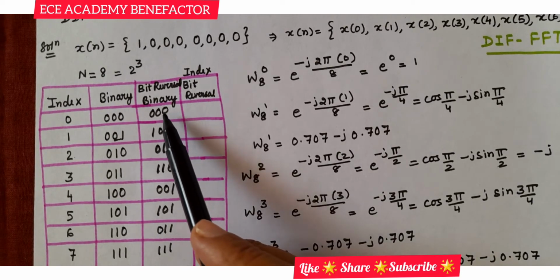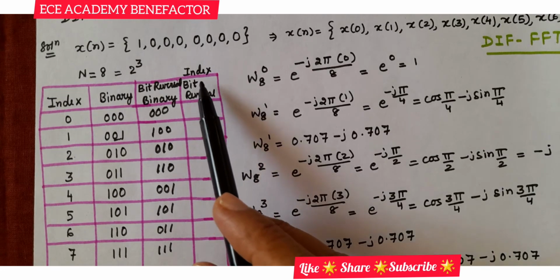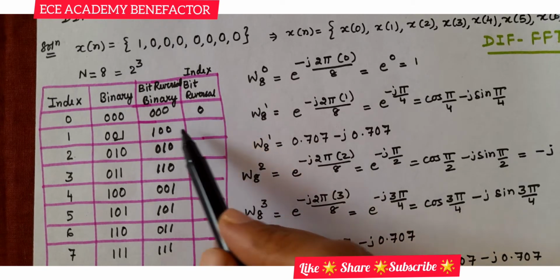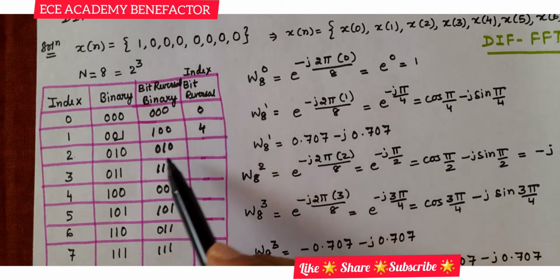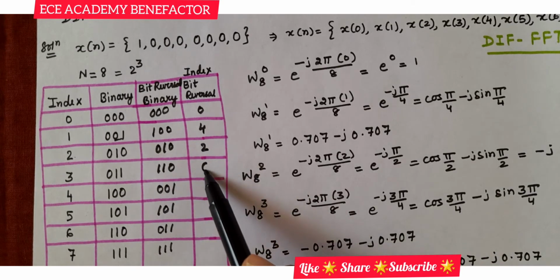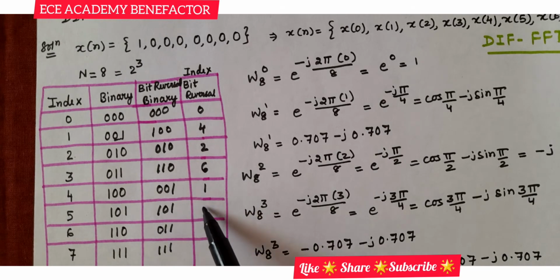After bit reversal, write their decimal equivalent, that is known as the bit reversal index. So 000 is 0, 100 is 4, 010 is 2, 110 is 6, 001 is 1, 101 is 5, 011 is 3, 111 is 7.